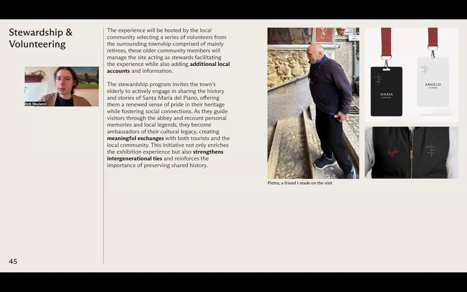Because a lot of these prompts are more poetic, I wanted them to be opportunities for people to ask questions and to participate and to engage with one another. But these chaperones and stewards are going to be the main resources for answering these questions.